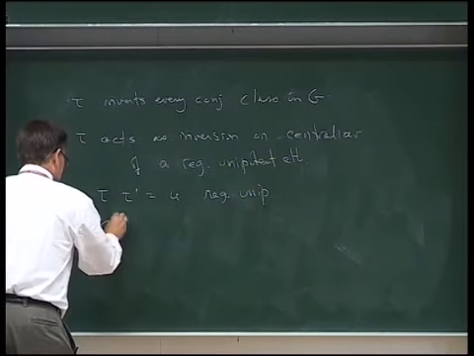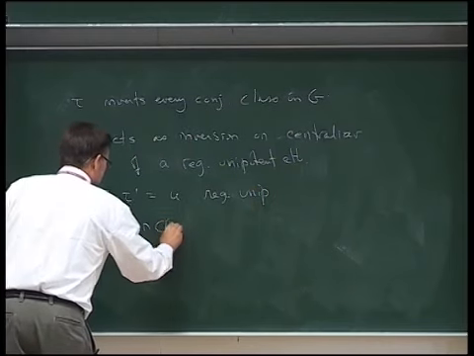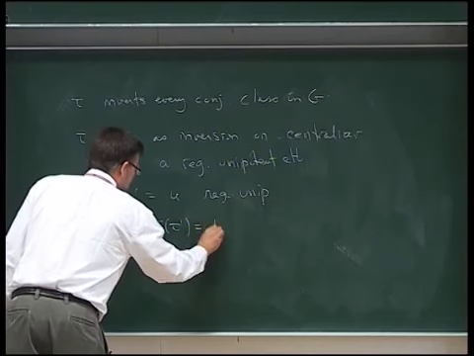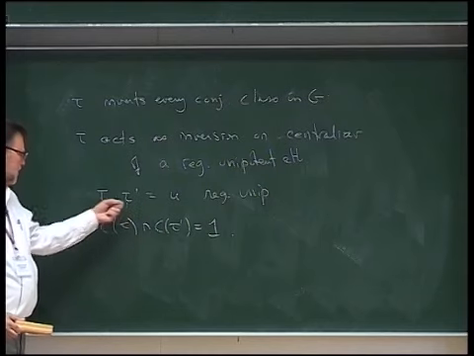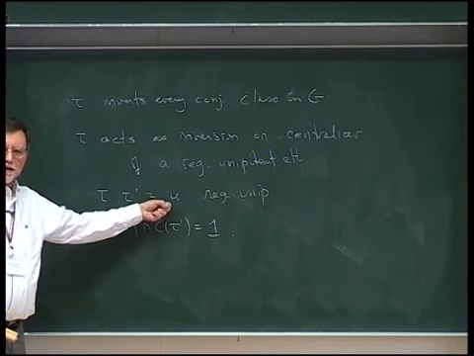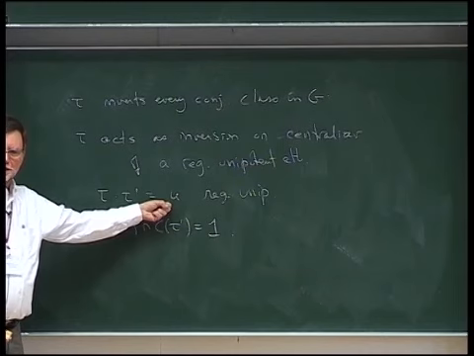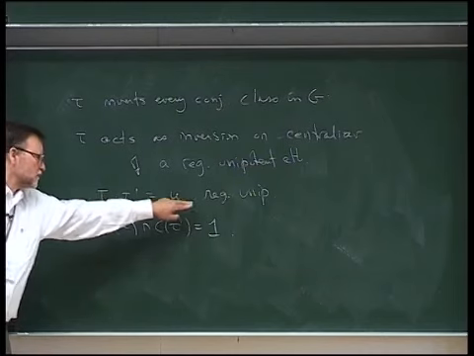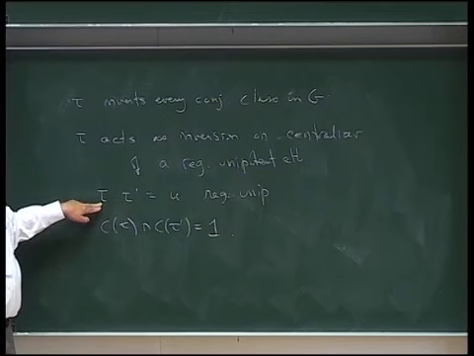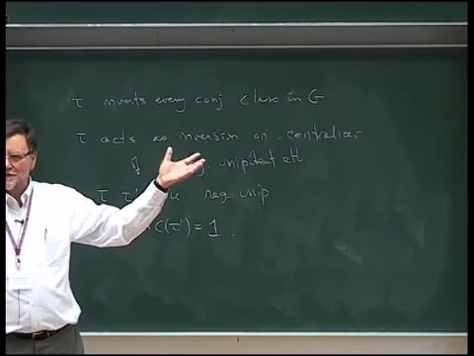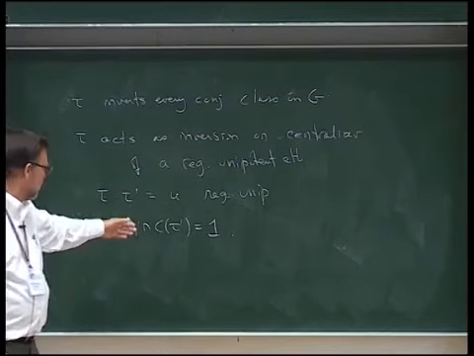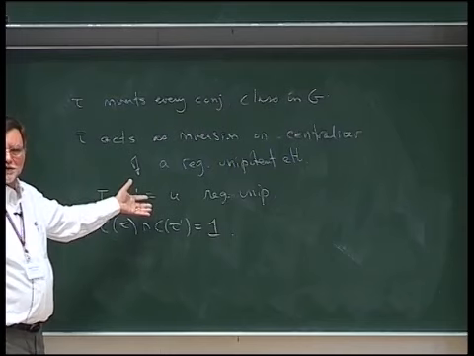And then the centralizer of tau intersect the centralizer of tau prime is 1. Because if something intersects both of these, then it centralizes the regular unipotent. But nothing that's centralizing the regular unipotent centralizes tau, because tau acts as inversion, and we're in odd characteristic, so there are no involutions. So this is 1, and that's exactly saying it's base size 2.